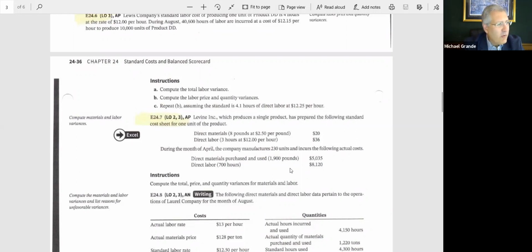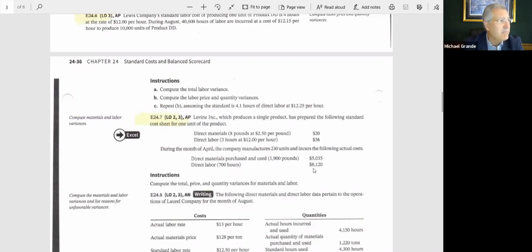So what's important here, number one, they told you the actual output at 230 units, but they also tell you for materials, the quantity, 1,900 pounds, and the total cost. They didn't tell you what they paid per pound, but you could get that because if you took $5,035 divided by 1,900 pounds, you can determine what they paid per pound, the actual price.